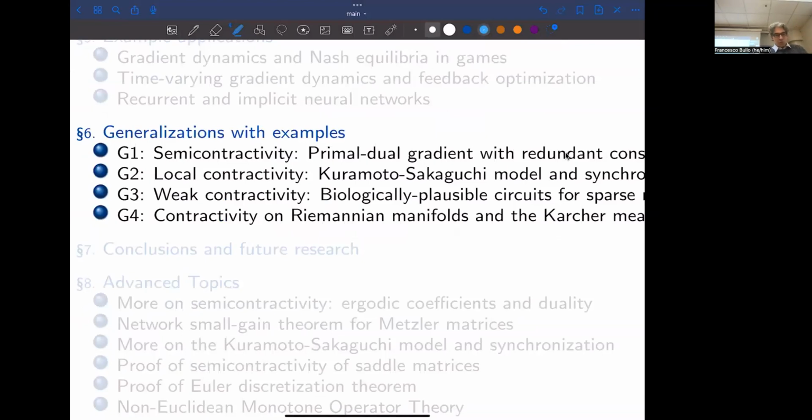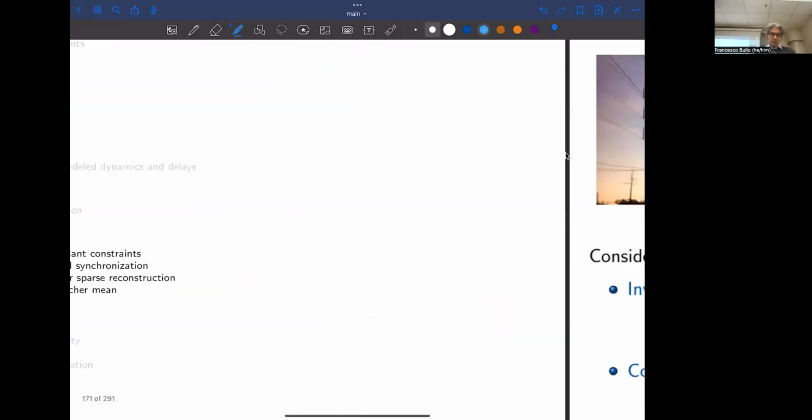My plan would be to do relatively quickly semicontractivity, local contractivity, and the Riemannian manifold in the first hour, and then I will spend more time to tell you about the weak contractivity case, also referred to as the non-expansive case, when the contraction rate vanishes and you have the one-sided Lipschitz constant being less than or equal to 0. And it's tantamount to a LaSalle invariance principle for those of you familiar with Lyapunov theory.